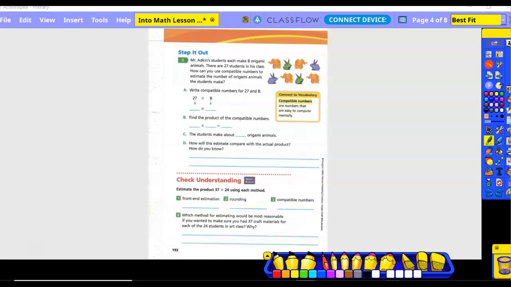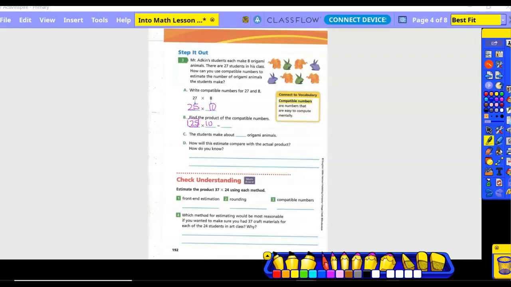So instead of going with 20 and 10, what are some numbers that are easy for us to multiply? Could we do 25 instead of 27? Yeah, and then it's not so far off, right? Instead of 8, could we use 10? Yes.